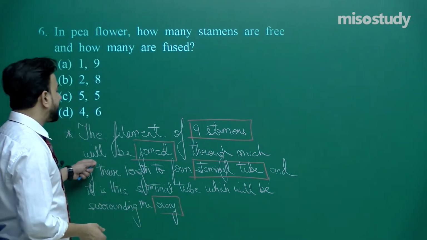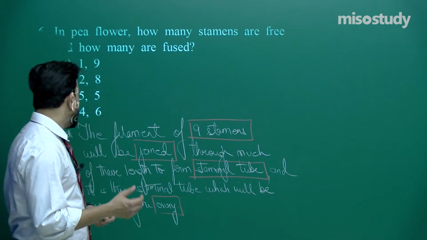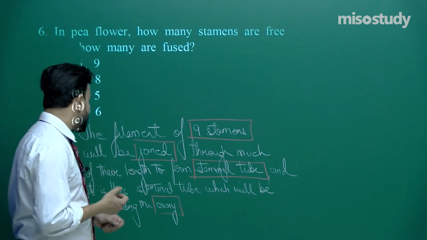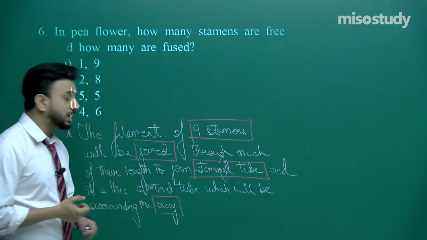So, the filaments of 9 stamens will be joined through much of their length to form this staminal tube, and this staminal tube will be surrounding the ovary.